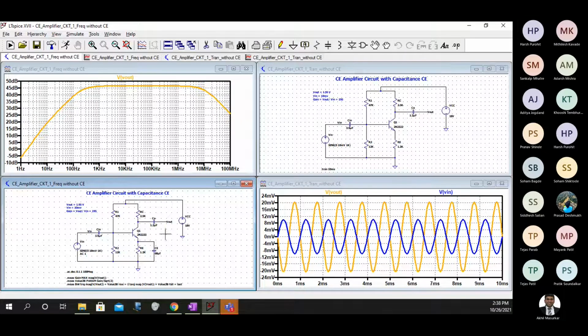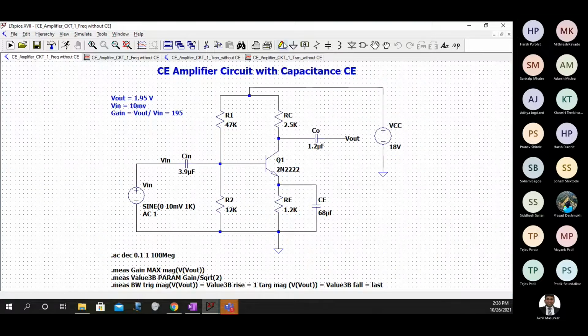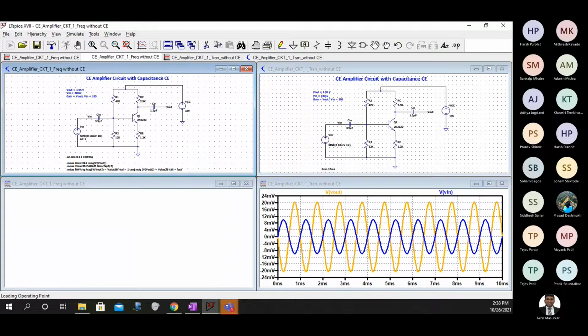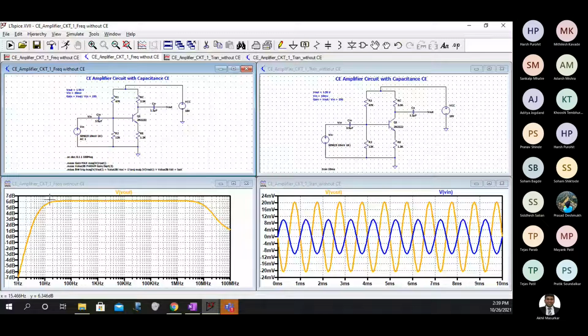So here in this case I had this, right? So we'll remove the C value from this and we'll try and run this. So you can see from 46 dBs the gain came to 6 dBs.